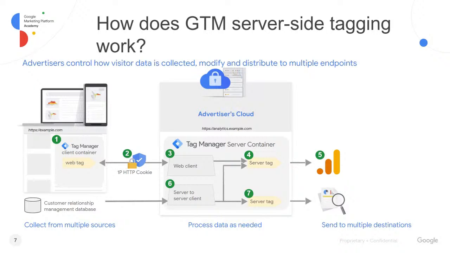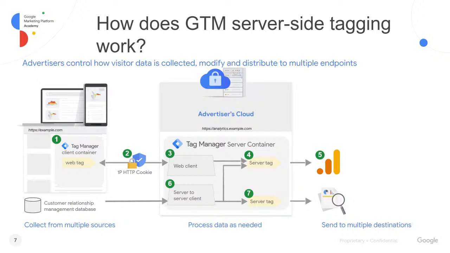The web client can also place something called a first-party HTTP cookie. I'm not going to touch on that too much; I'm going to let Solange speak about the differences of the different cookies that can be placed. But we load the tag manager container. It can then pass information from the site to the tag manager server container.